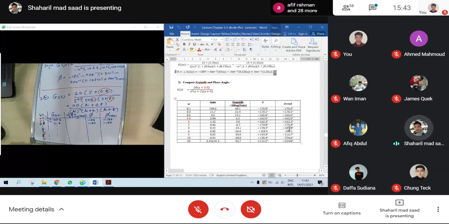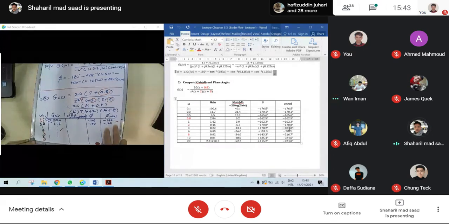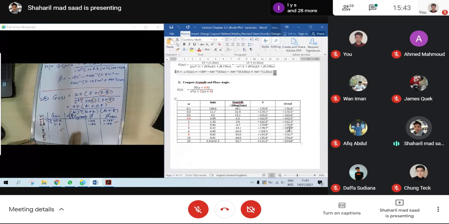Now you already got the gain and the phase angle. For the Nyquist diagram, you just need gain and also phase angle. However, for the Bode plot, you need to do one more thing: 20 log 100.6.